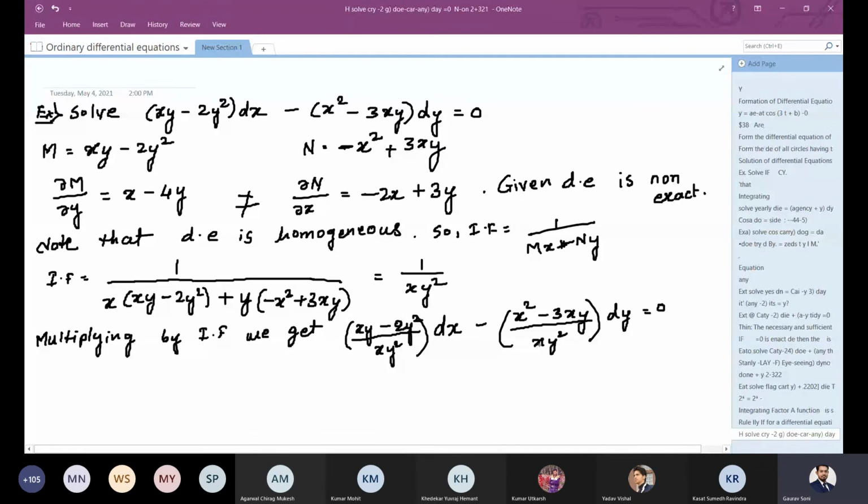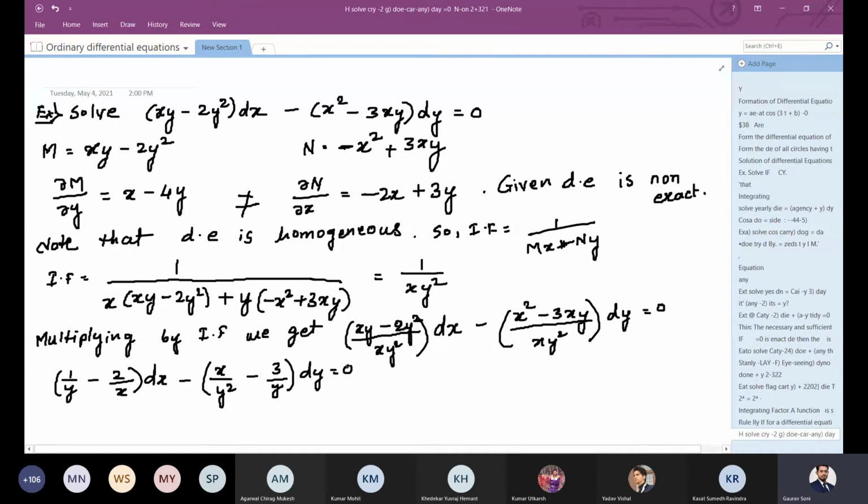This can be further simplified as 1 upon y minus 2 by x dx minus x by y square minus 3 by y dy equal to 0.